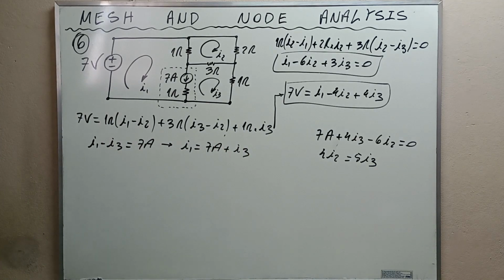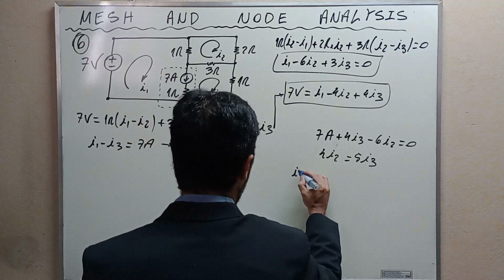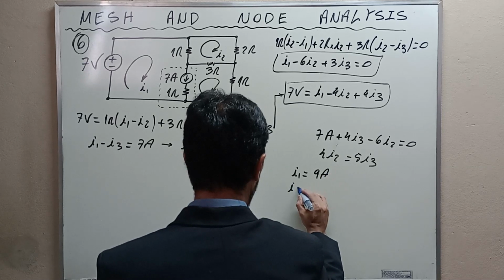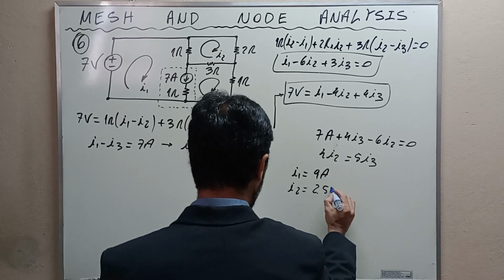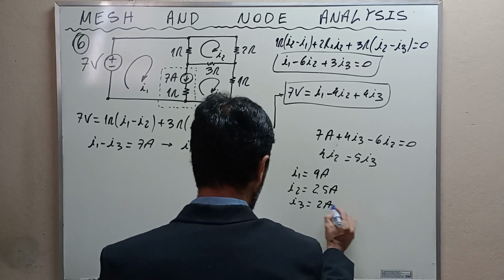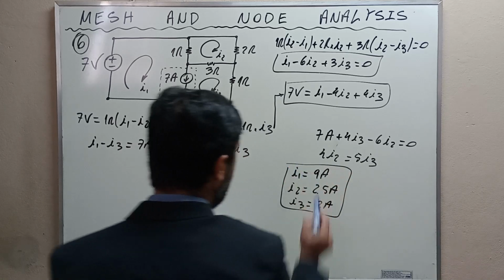And now we have two equations with two variables. It is easy to calculate. We can simply substitute, and ultimately we find that I1 is equal to 9 amps, I2 is equal to 2.5 amps, and I3 is equal to 2 amps, okay, my friends?